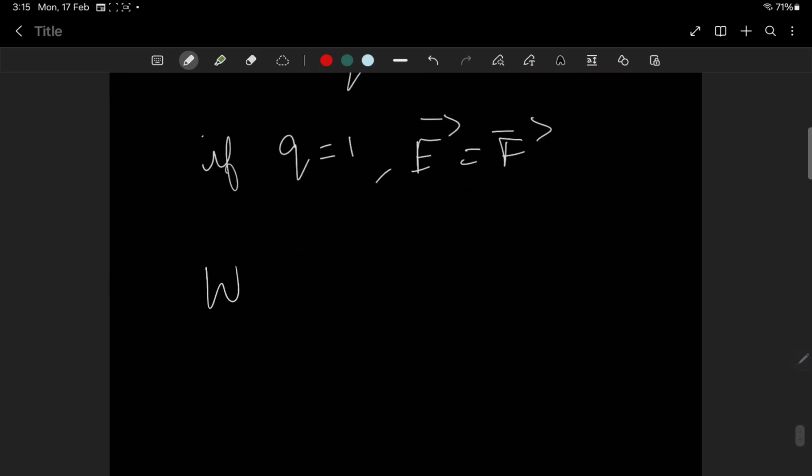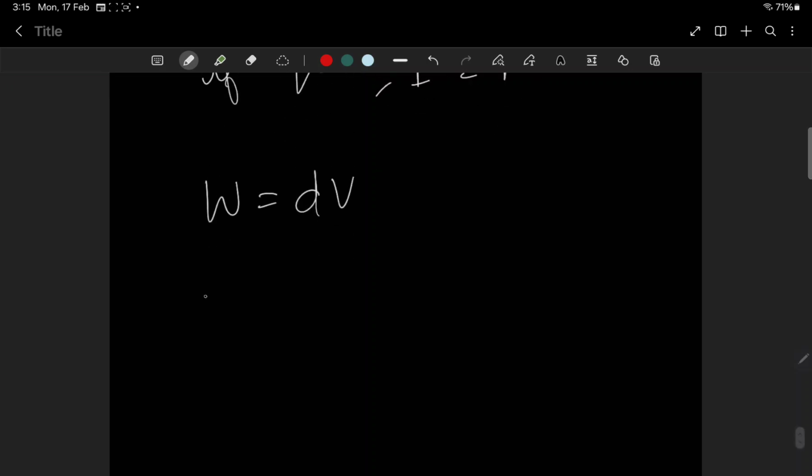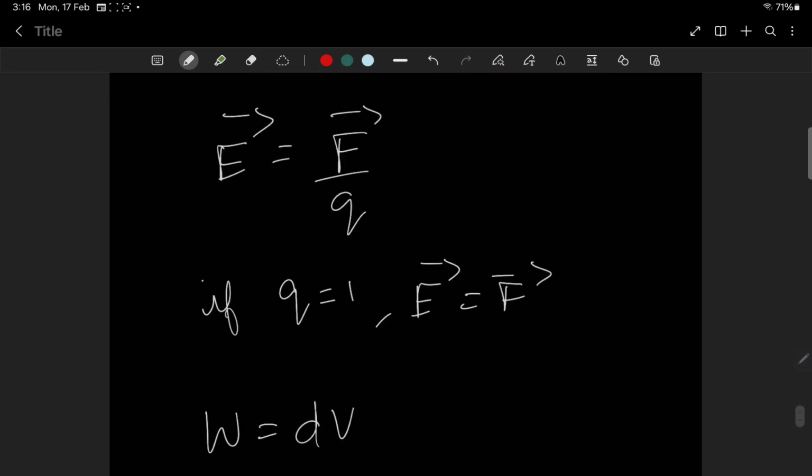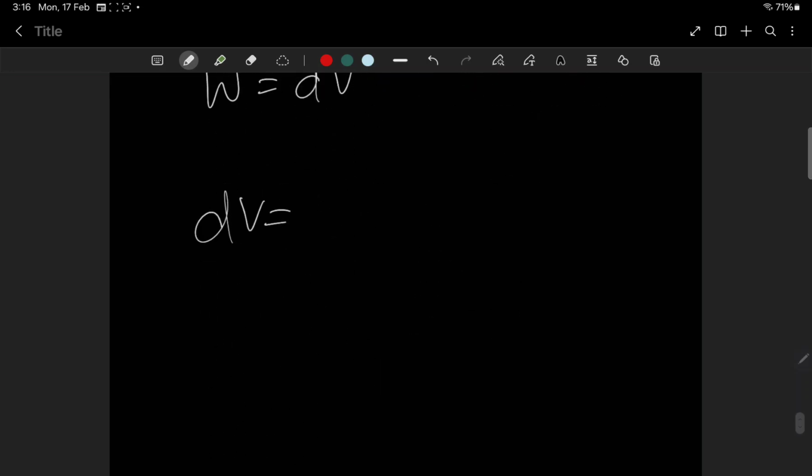Then we can write, you know that W is equal to dV, that is change in potential. So dV is equal to F external by Q, and when Q is equal to 1, E into dr.